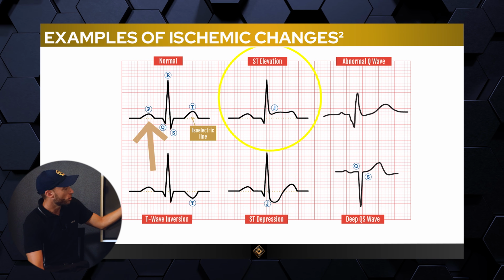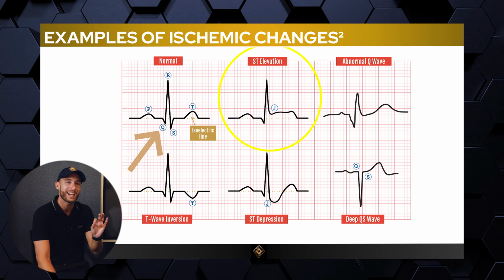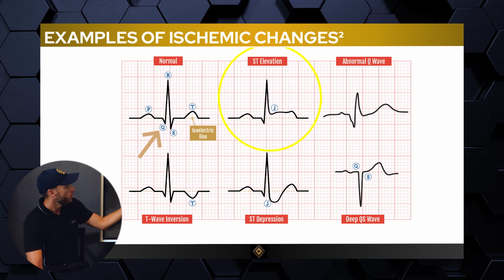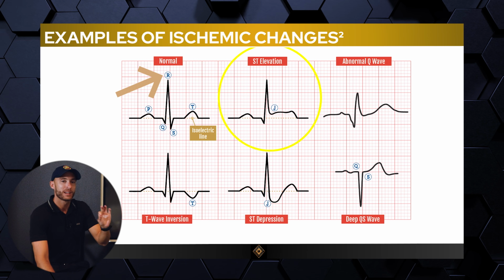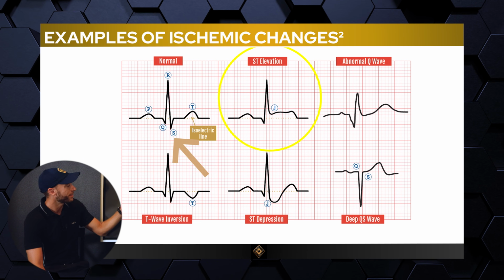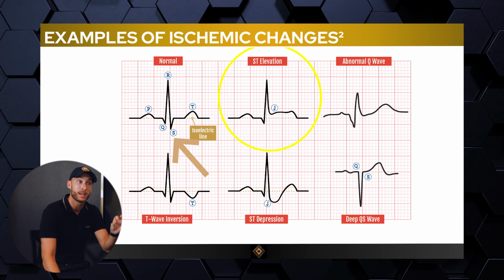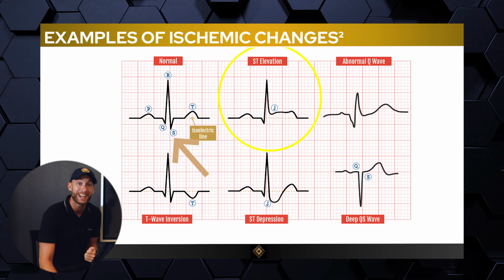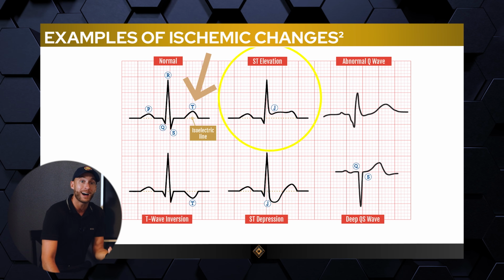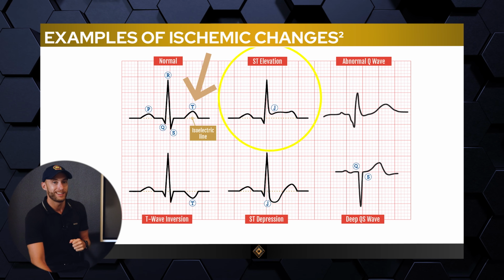The Q wave is the first negative deflection, meaning it points down. The R wave is the second positive deflection on EKG. The S wave is our second negative deflection, meaning it points down. And the T wave is the third positive deflection on EKG.